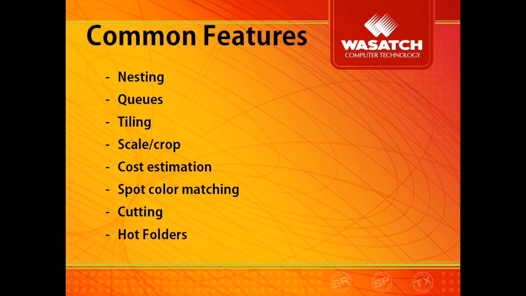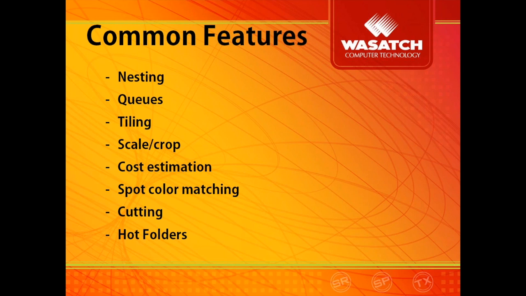I've got a whole roll of media. How do I take advantage? That's really where RIPs, I think, came to life and became a necessary tool in your print production, right?